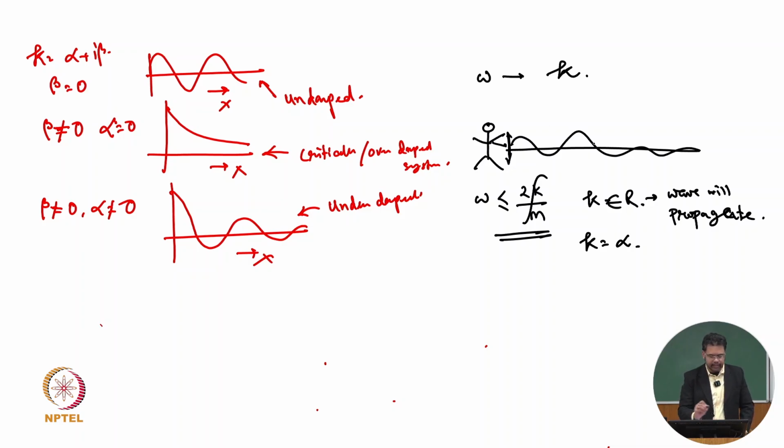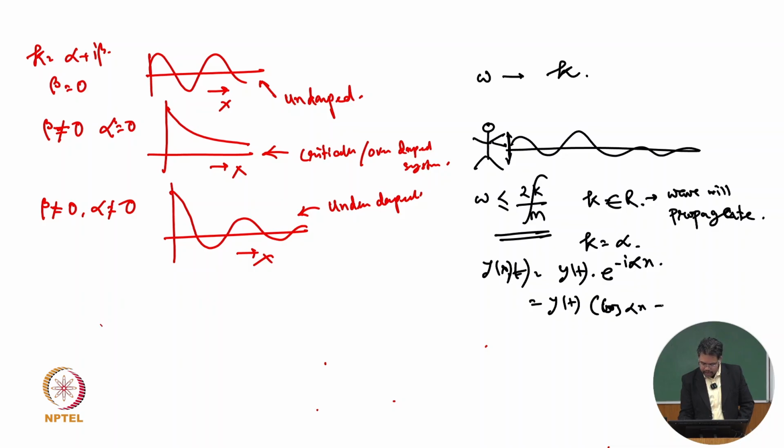And the medium equation becomes y of t into e to the power of minus i alpha x, which is nothing but y of t into cos of alpha x minus i sine alpha x. So we can see the wave is propagating in that medium when the frequency is within that limit.